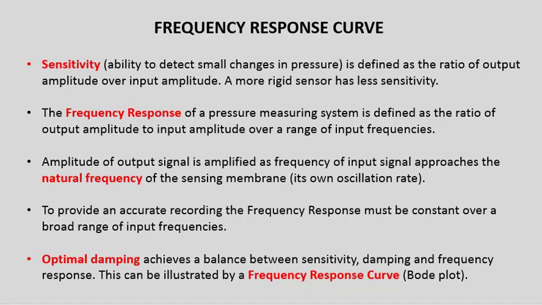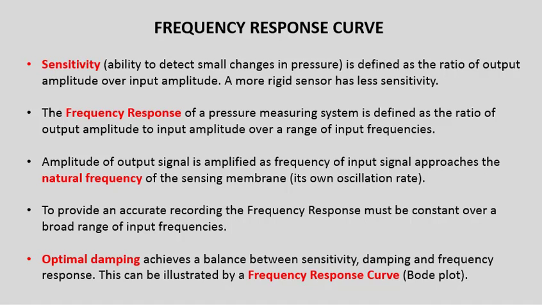And more specifically, at a heart rate of 100, the sensor might be correct, but what if the heart rate goes up to 120? The frequency increases. We want the output amplitude over the input amplitude ratio to be constant, meaning 1, over a whole range of heart rates, over a whole range of frequencies, whether the heart rate is 20 or the heart rate is 200.